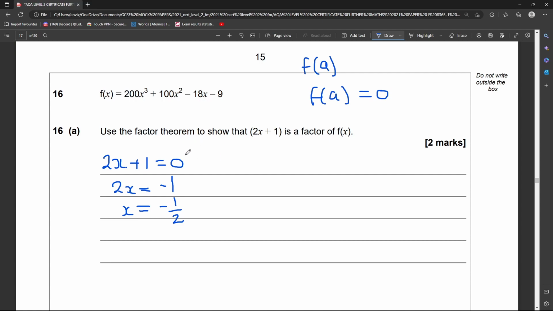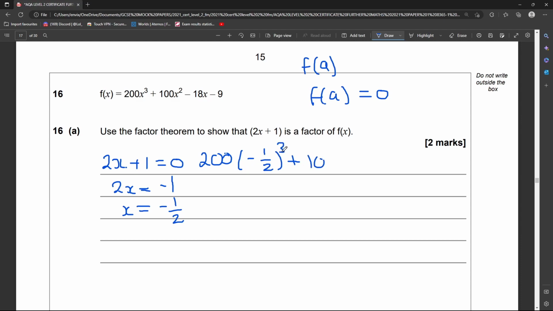So since this has come from a calculator paper, I'm going to put the values in the calculator. But basically, what we're supposed to do is that we want to get marks in the question.